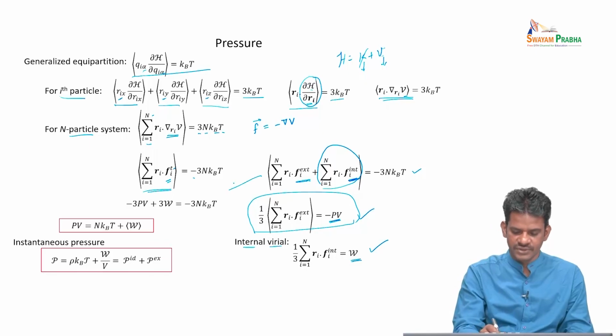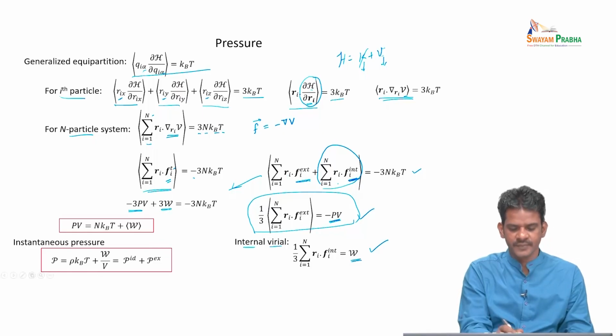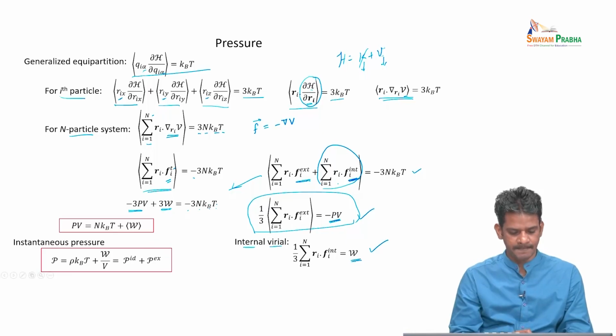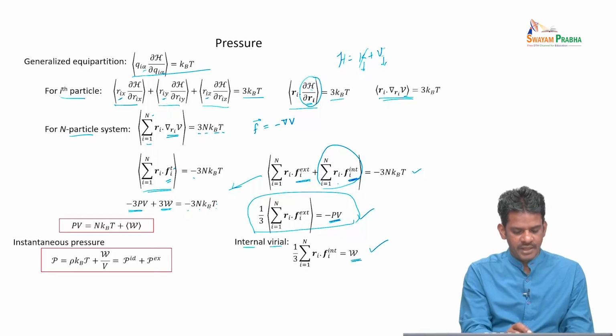You see that the first term is written as minus 3 PV, and the second term is written as 3 times W, and that should be equal to minus 3 n kBT. And then if you divide by minus 3 across and take the W to the other side, you can show that PV is equal to n kBT plus the average internal virial.